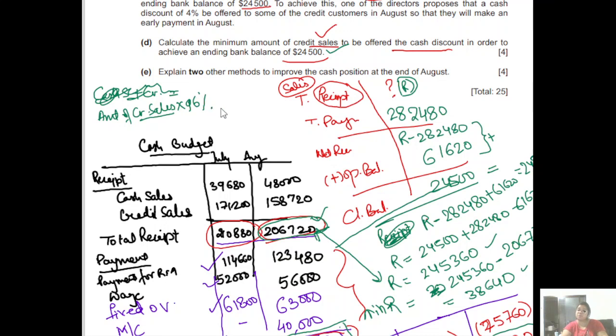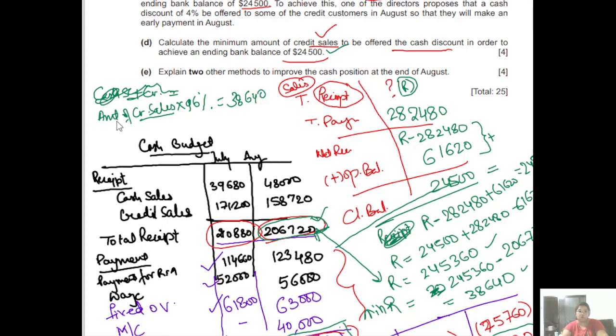Why 96%? Because 2% is the discount. So on credit sales, if you're going to do 96,000, my cash sales is 38,640, which we already calculated.